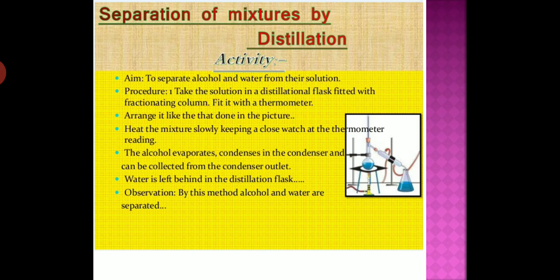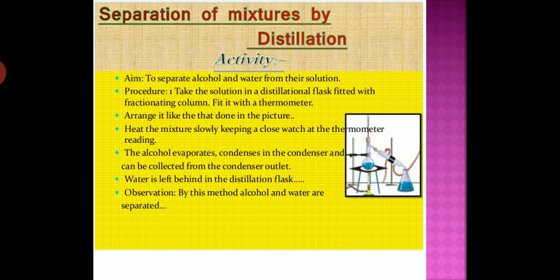So in this way we can separate alcohol and water by the process of distillation. I hope you understand this process also. By distillation, you can separate alcohol and water from their solution, and also separate a liquid from a solid-liquid mixture, whether the mixture is homogeneous, like common salt dissolved in water, or heterogeneous.